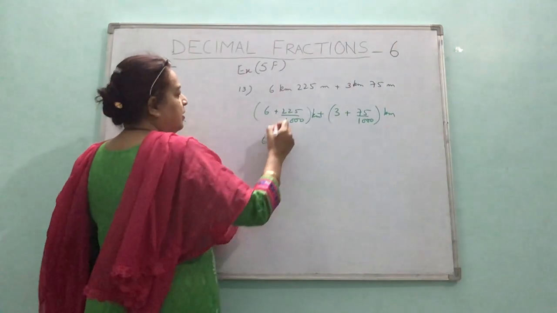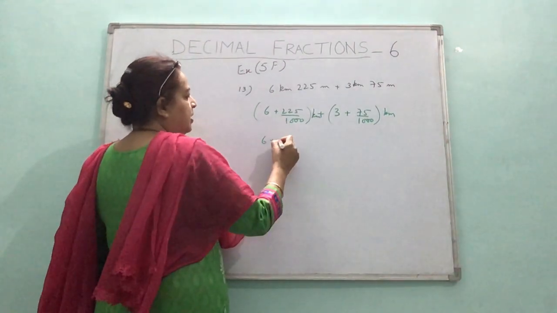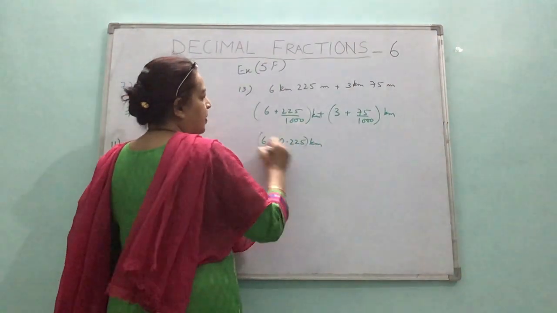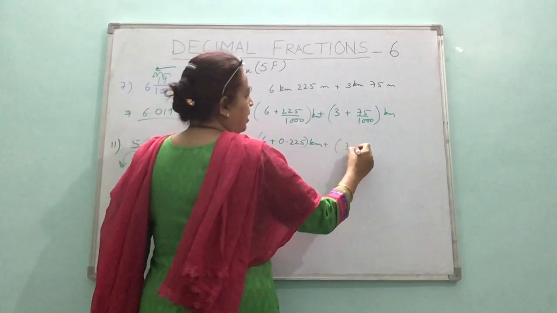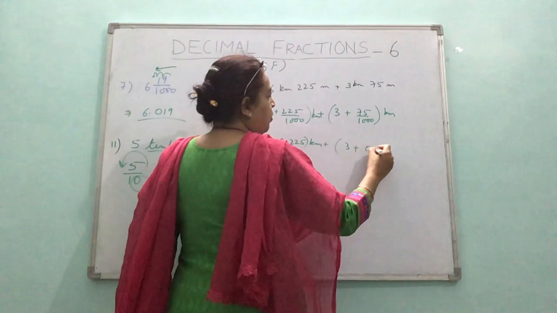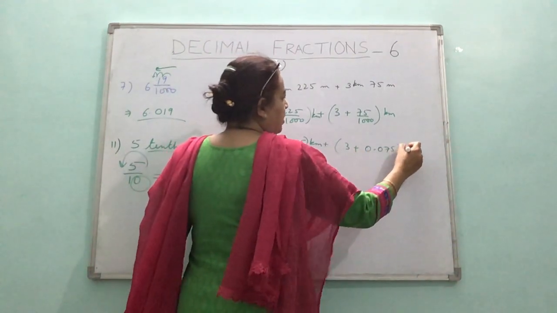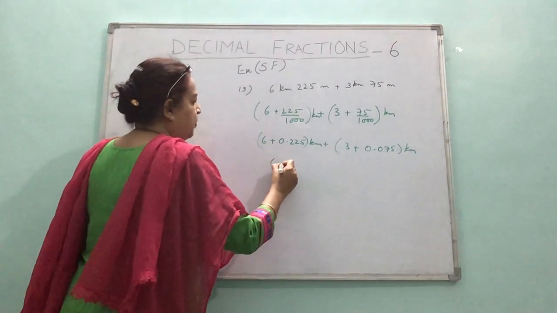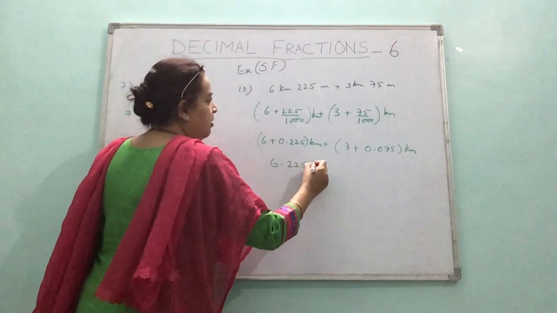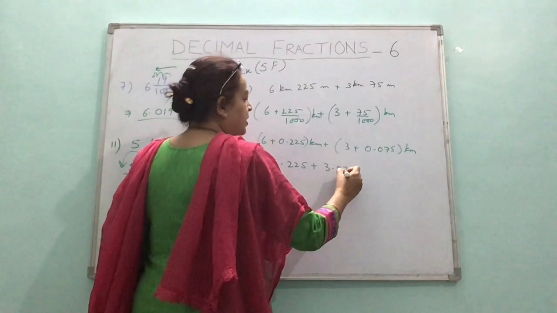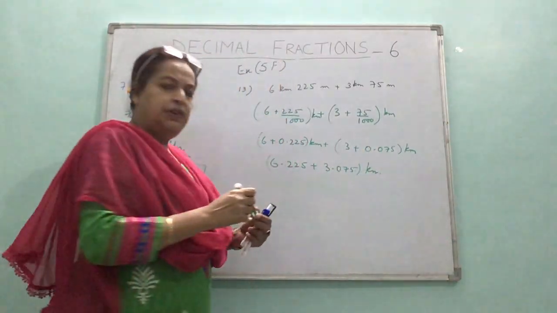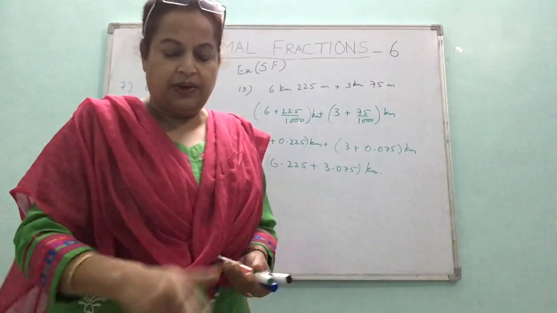So 6, now this would be 3 decimal places, 0.225 kilometer plus 3 decimal places, 0.075 kilometer. Now I'll add up. So it would be 6.225 plus 3.075 kilometer. Since we don't have to add, we have to give the answer according to the book.